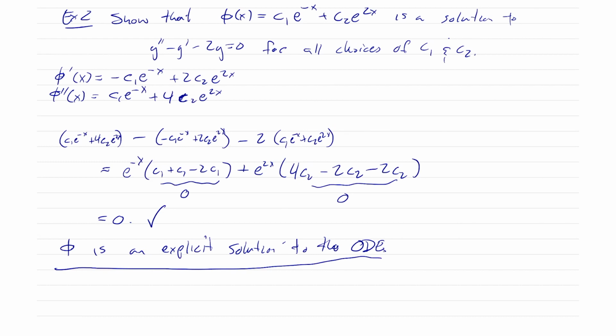That is example 2. All right, now the next one is previewing an implicit solution, and they hadn't even defined it yet. So let's talk about implicit solutions. Okay, so what is an implicit solution here?